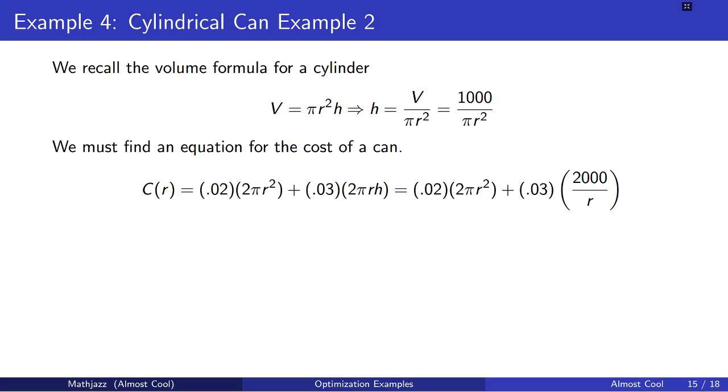If we add those two terms together, we get the total cost of the can of radius r and volume 1000. We simplify and get the cost of the can of radius r is equal to 0.04 pi r squared plus 60 over r.